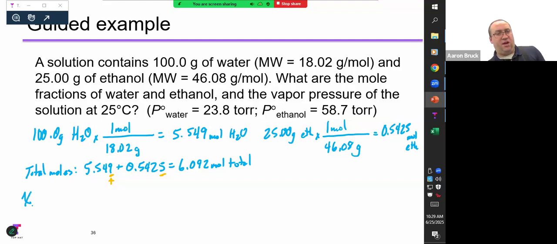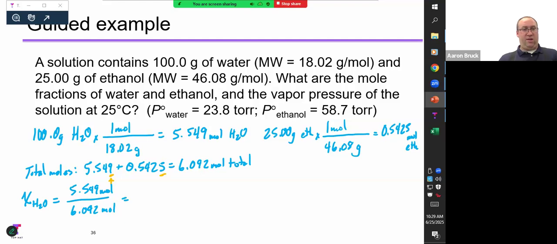So the mole fraction of water would be 5.549 moles divided by 6.092 moles. 5.549 divided by 6.092, 0.9109.